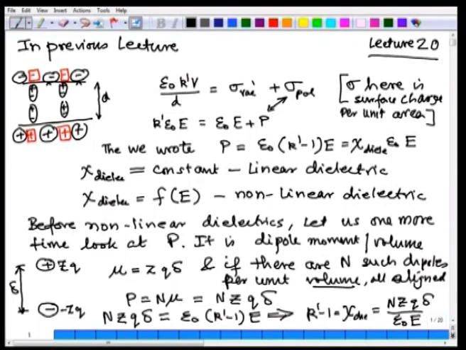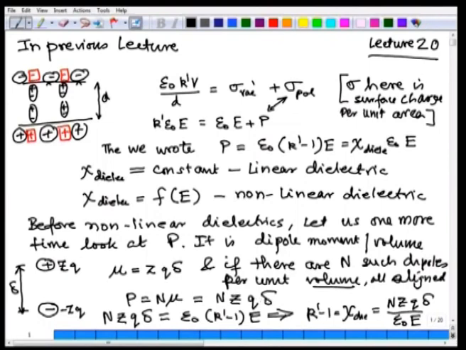So by this definition, that polarization is dipole moment per unit volume, polarization would be equal to n times mu. Of course, vector mu and vector P will be in the same direction. Given the value of mu, I can write this expression as n times ZQ delta, and that's the polarization.